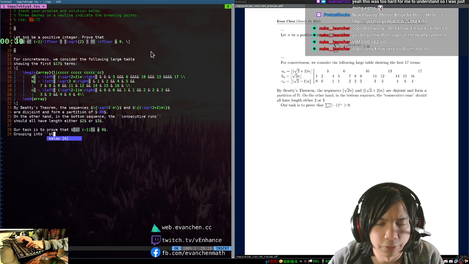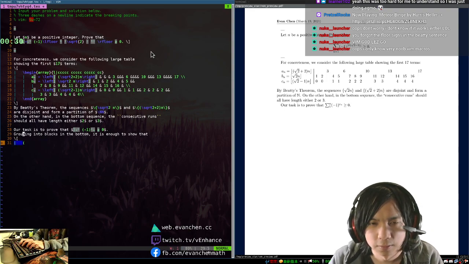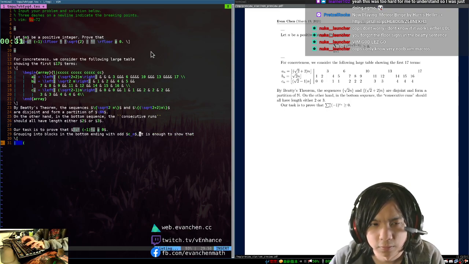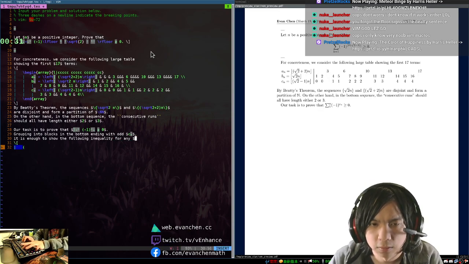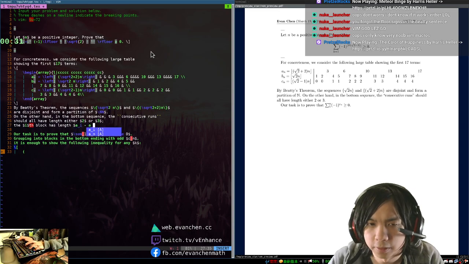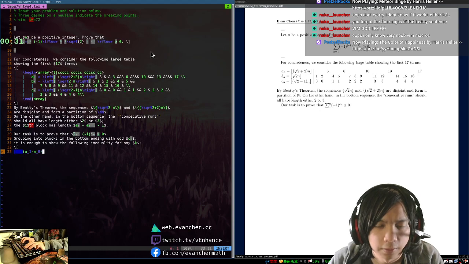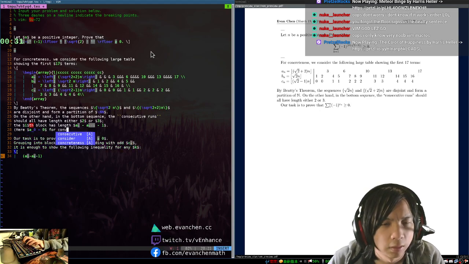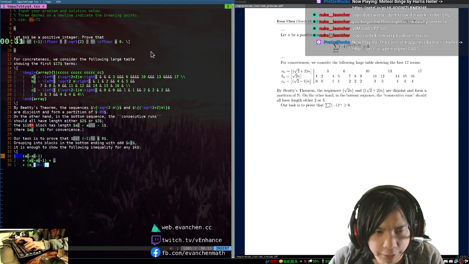Grouping into those blocks in the bottom, it is enough to show that, so we want the sum of, when we do the block statement, A1 minus A0 plus A3 minus A2 minus 1 plus and so on, up to A2k minus 1 minus A2k minus 2 minus 1.